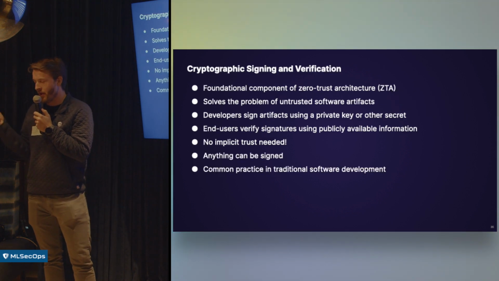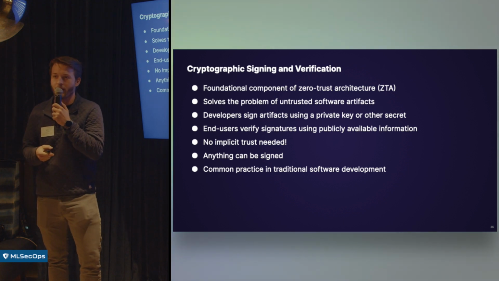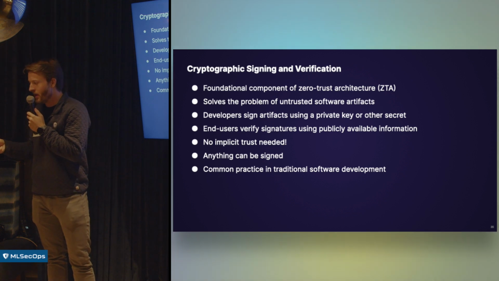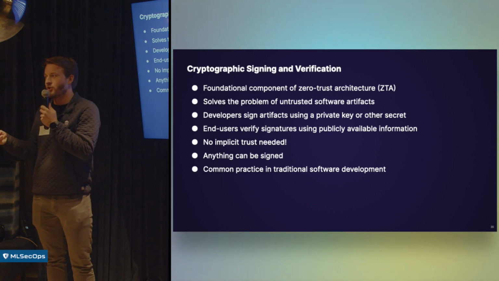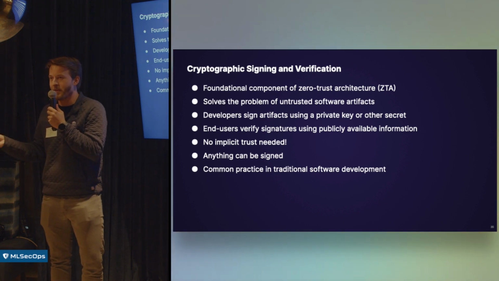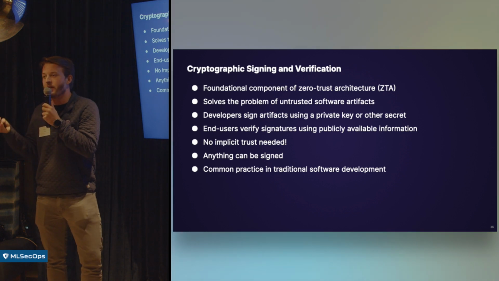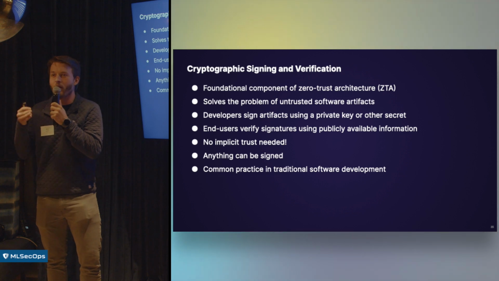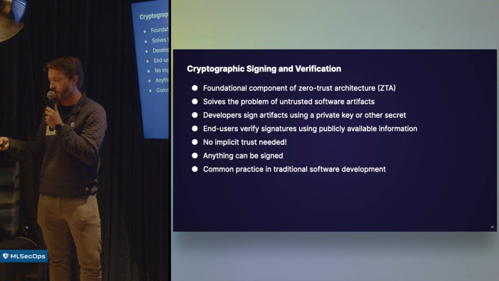The way that we can do that is using the technique of cryptographic signatures and verifications. Signing and verification is a foundational piece of zero trust architectures because it removes any of the implicit trust you have when dealing with software artifacts.